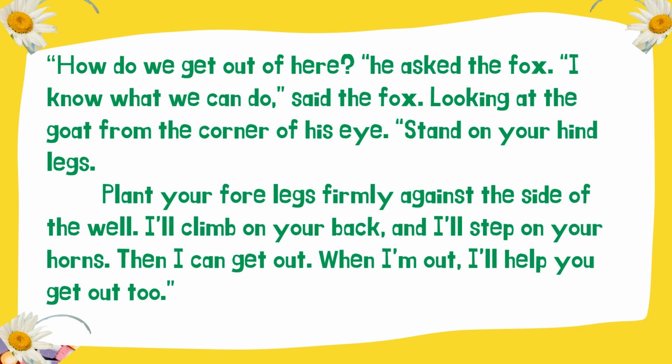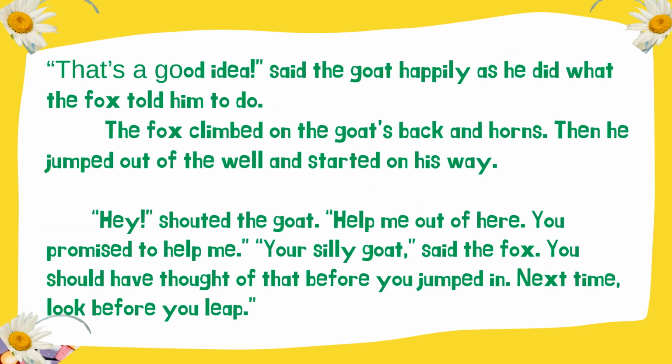I'll climb on your back, and I'll step on your horns. Then I can get out. When I'm out, I'll help you get out too." "That's a good idea," said the goat happily as he did what the fox told him to do. The fox climbed on the goat's back and horns. Then he jumped out of the well and started on his way.